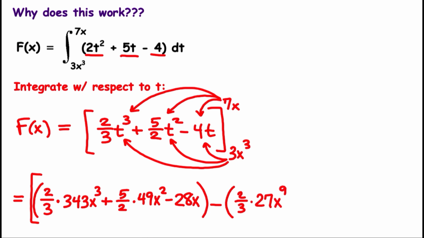Okay. 3x to the 3rd squared would be 9x to the 6th times 5/2. Okay, 5/2 times 9x to the 6th. And finally, 4 times 3x to the 3rd is 12x to the 3rd, and there's a minus in front of it. Okay, cool. All right, so that's f of x.